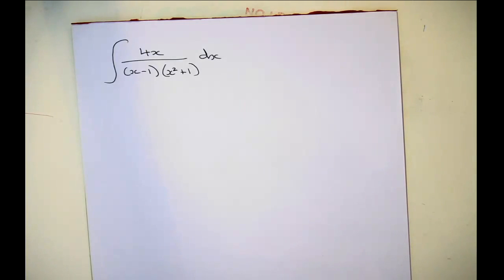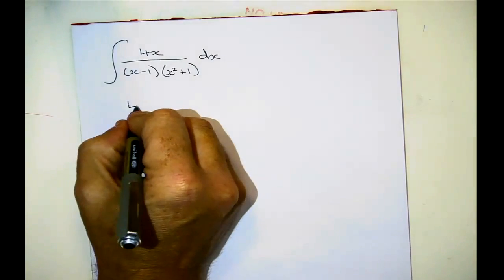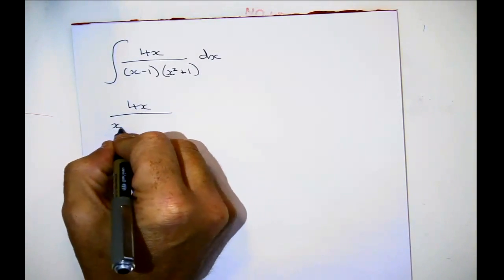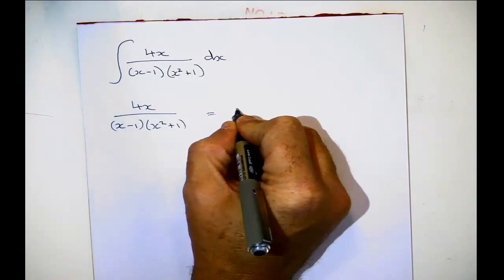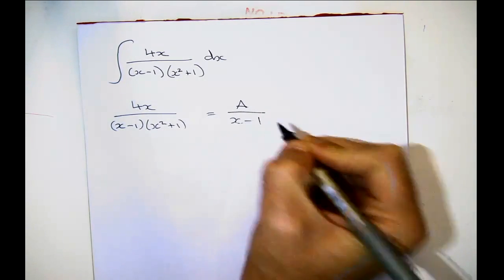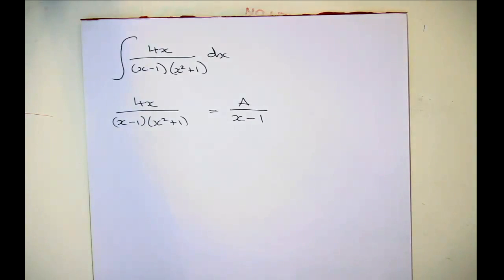So this one I can't factor, but the partial fractions rules say we have a linear factor times an irreducible quadratic. The linear factor will spit out a term like that, where a is a constant.